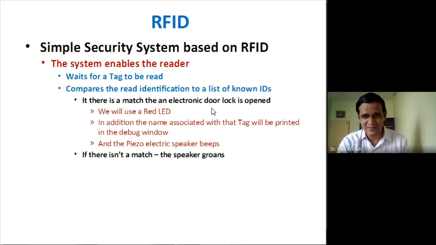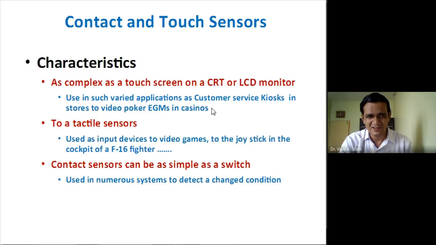A simple security system based on RFID tags you can utilize. You can have the tactile sensor; touch or tactile sensors you can utilize. With the human body, we can touch a specific object and we can get feedback from it. Our brain processes that data and then we can have some activity. So like this, we can have touch sensors and tactile sensors.